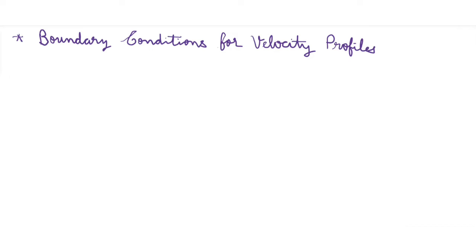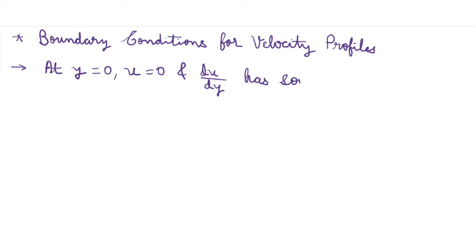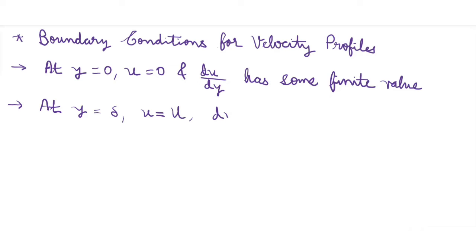The first one is that at y equal to 0, the velocity is 0 and so du by dy will have some finite value. Then when y equals the boundary layer thickness, that is y is equal to delta, we already know that the velocity is equal to the free stream velocity, which is u equal to capital U. And one more thing we know is that at the edge of the boundary layer the velocity gradient is zero, that is at y equal to delta, du by dy will be equal to 0. So these are the three boundary conditions for the velocity profiles.